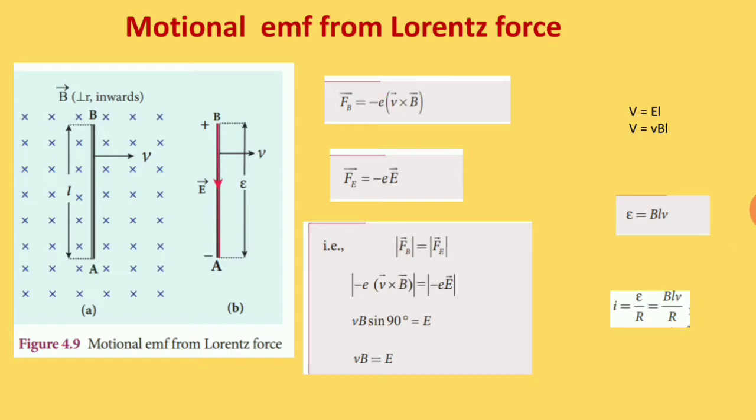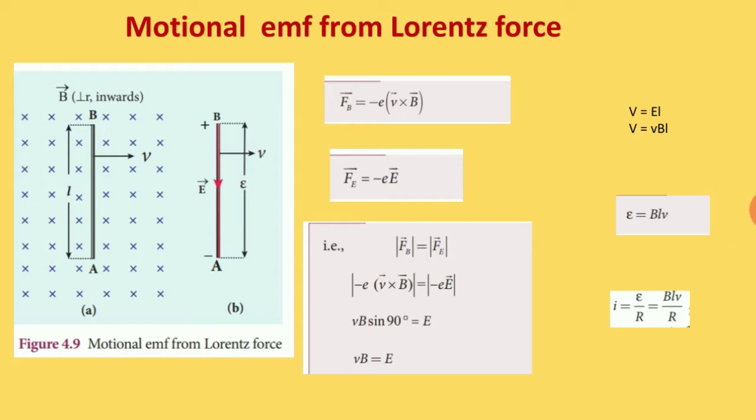So the values of F_B vector and F_E vector are substituted. You already know these values. So the modulus of minus e bracket v vector cross B vector is equal to the modulus of minus e times E vector.